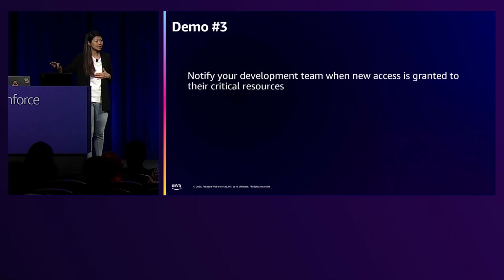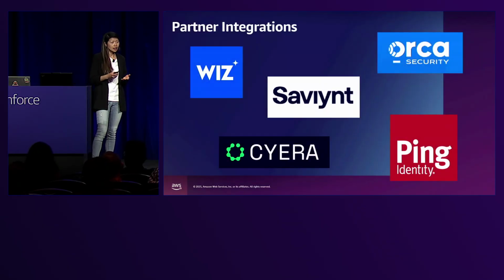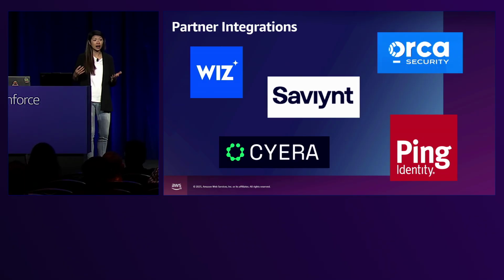It's great that it's an Access Analyzer dashboard, but I want this information where I'm working. And a lot of customers use third-party integrations. So we're really excited to announce that at launch, we have 5 partners that are integrated or finishing their integrations with Access Analyzer. These are the 5 partners that are going to be ingesting internal access findings.